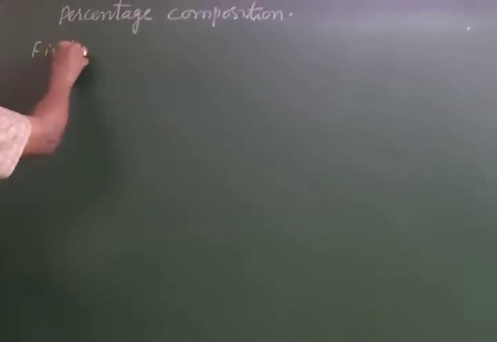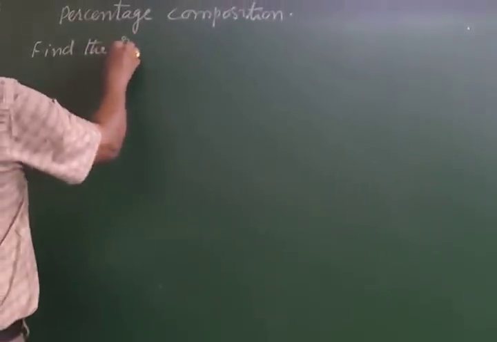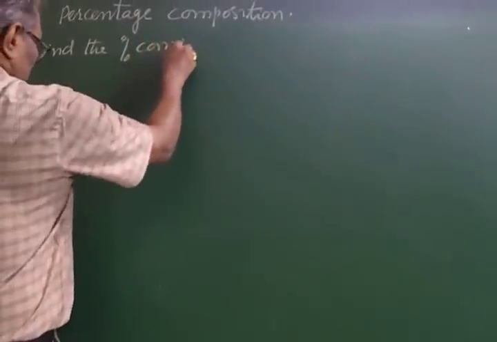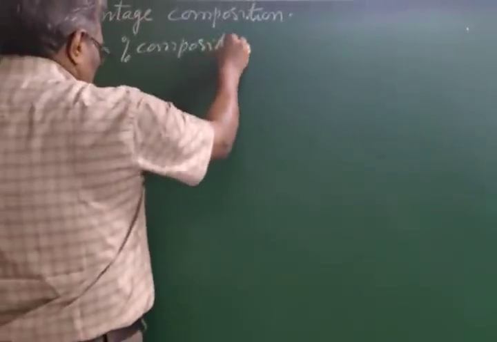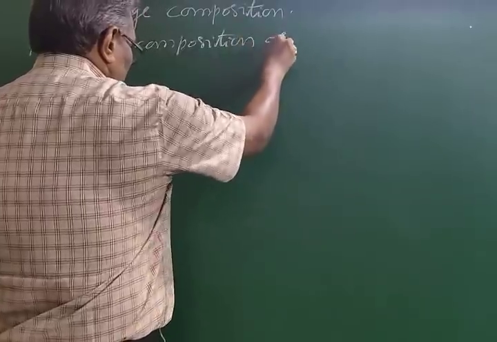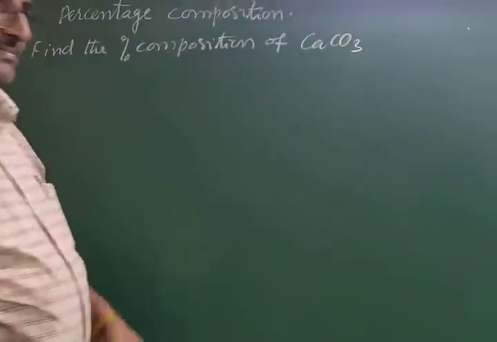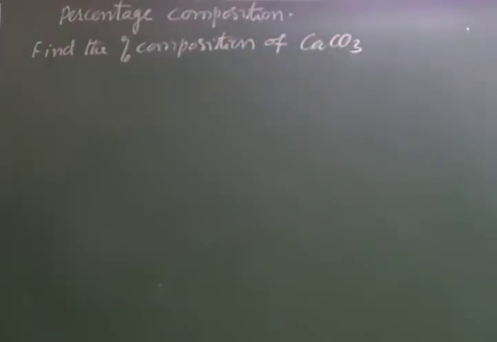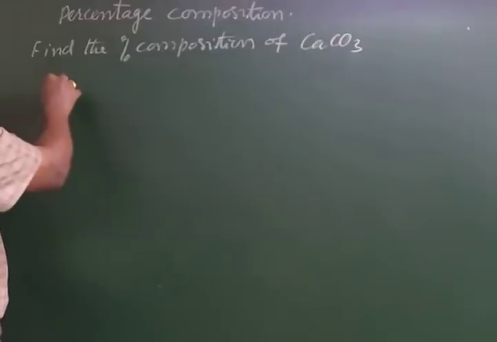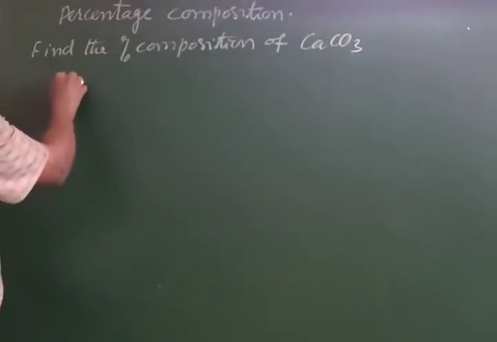Simplest one. For this we need to find the percentages of each and every element present in 100 grams of calcium carbonate. For this we need to know the molecular weight of calcium carbonate.